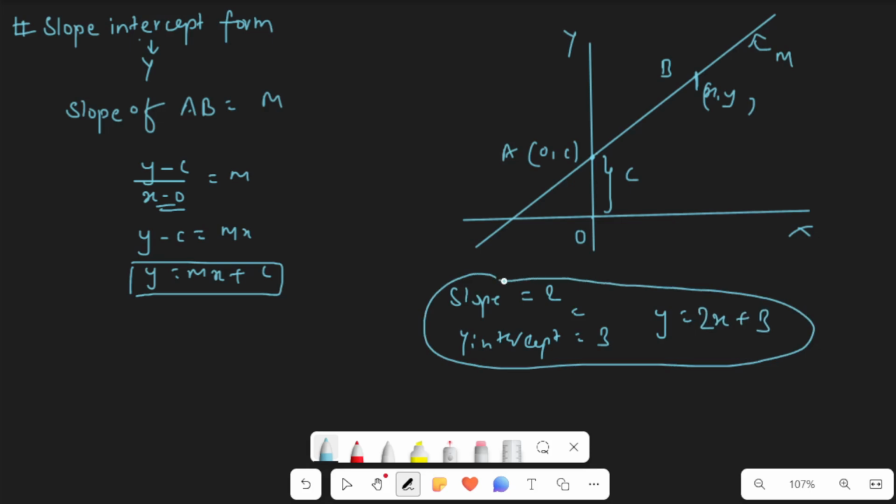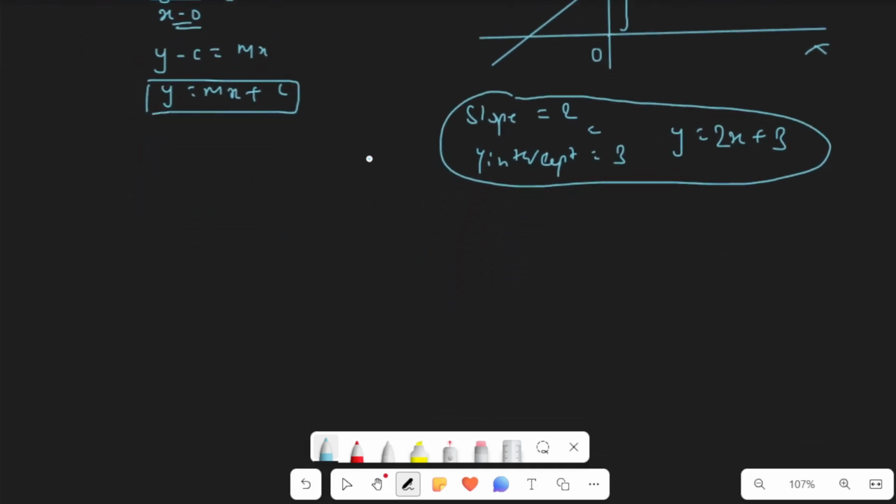Also, let's say we have been given a line, say 3x plus 4y equals 12. Now, how can we find the slope of the line and the y-intercept? Well, we transform this into this form, and then we separate y. We take everything to the other side.